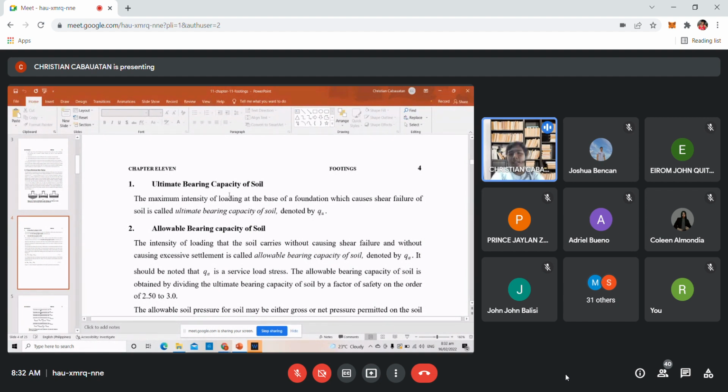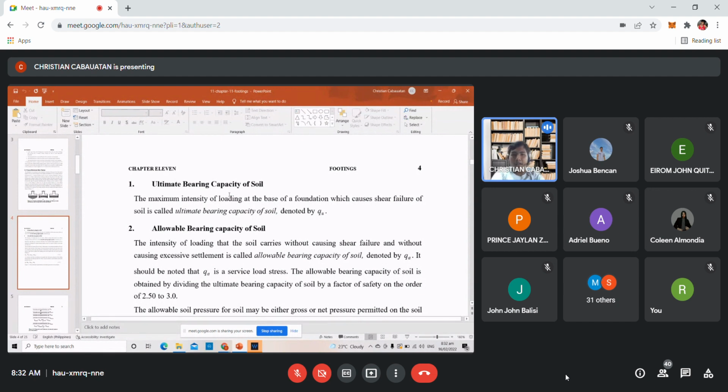Kapag ang foundation natin ay may cause of shear failure, it would be an ultimate bearing capacity, no? Pero kapag without causing shear failure, or excessive settlement, it would be an allowable bearing capacity of soil, no?